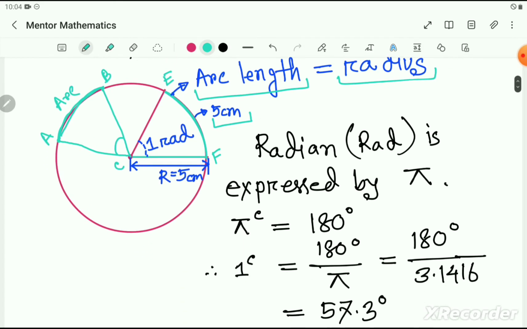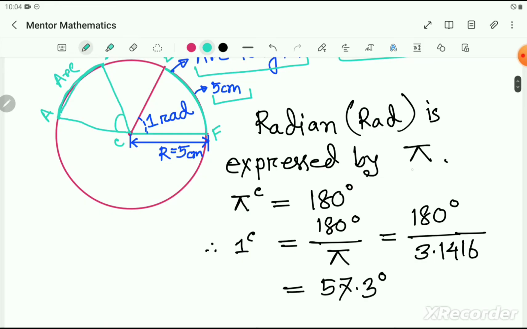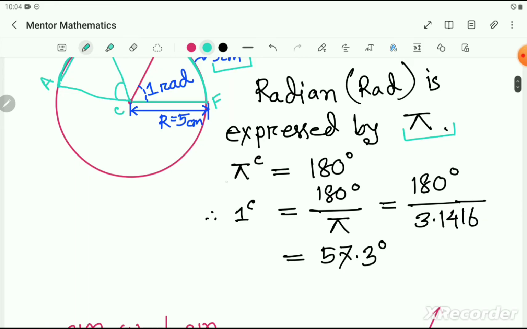Radian is expressed by pi, and it is actually denoted by c. As we know, the degree is denoted by a small circle, in the same way radian is denoted by c, or sometimes r, whatever, it's right. So pi equals 180 degrees.